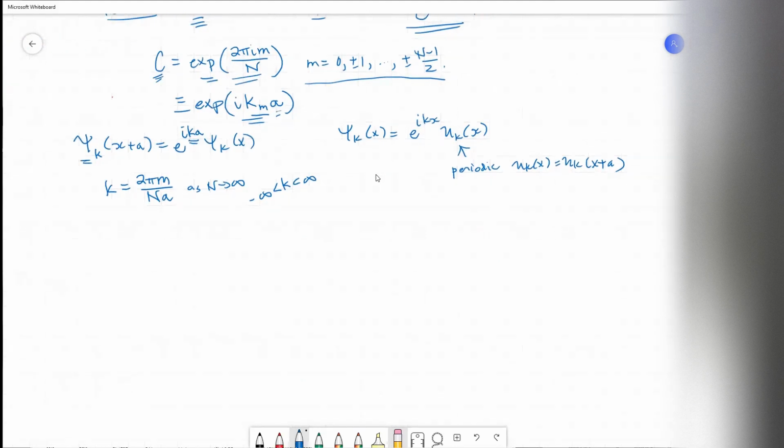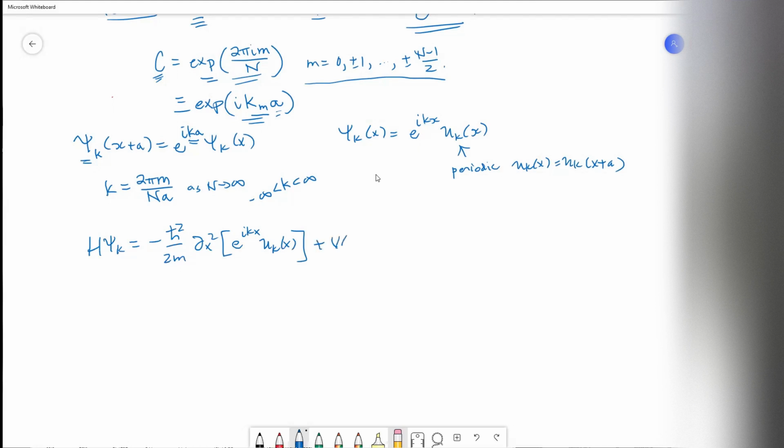And so then what you can do is stick this into the Schrodinger equation. You can take the Hamiltonian, act with it on psi of k, and just see what happens. You get minus h bar squared over 2m, the kinetic energy, 2 derivatives with respect to x, acting on e to the i kx, the periodic bit.